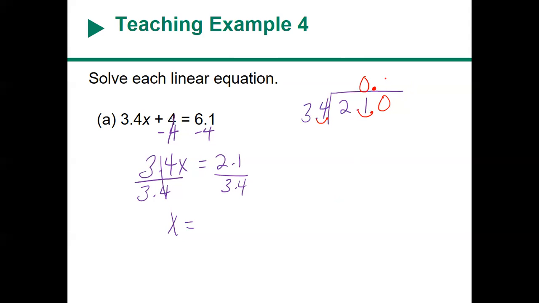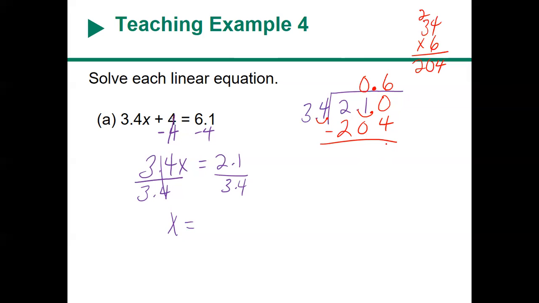Okay, and that's because 34 times 6 is 204, and now I'm going to subtract. You divide, multiply, subtract, bring down. Divide, multiply, subtract, bring down. Should be bringing back some middle school and elementary memories with that.